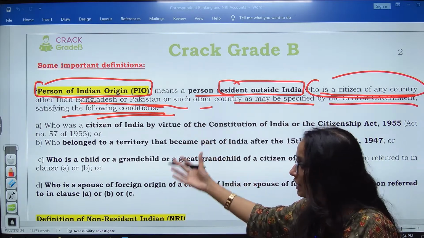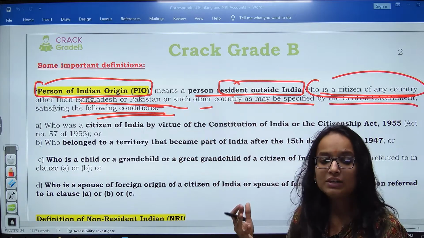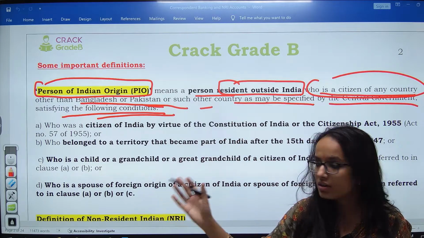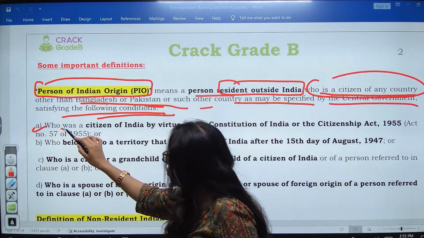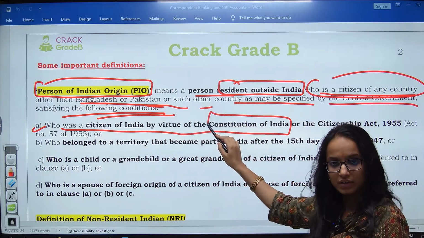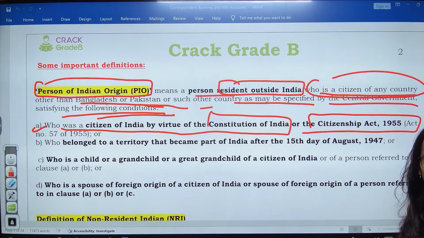Now what are the conditions which the person residing outside India needs to fulfill in order to be classified as a person of Indian origin? First condition, A: who was a citizen of India by virtue of the Constitution of India or by the Citizenship Act of 1955.